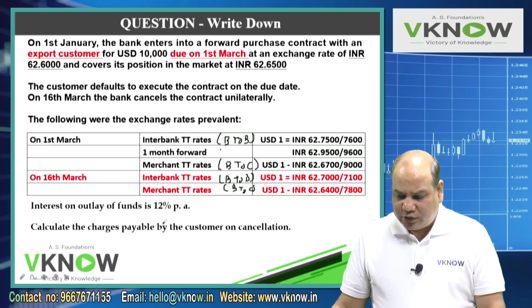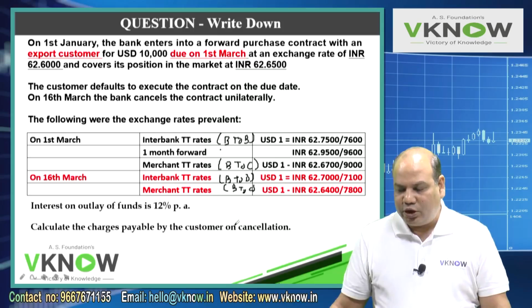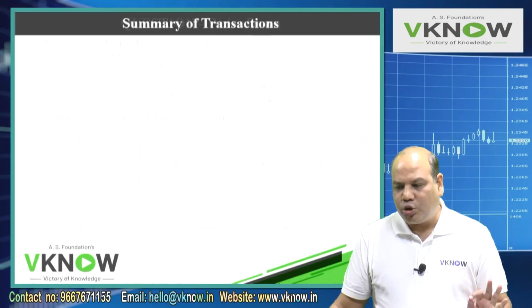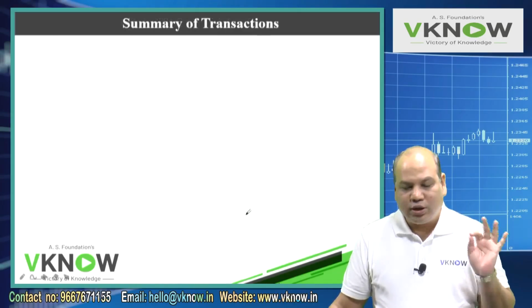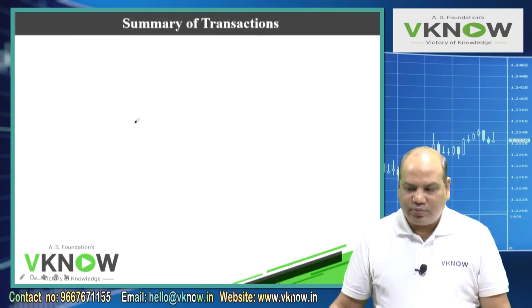And then the interest rate is given, and total charges. In this problem, there is no extension. There is no delivery. It is pure cancellation due to the customer not turning up till the 16th of March.